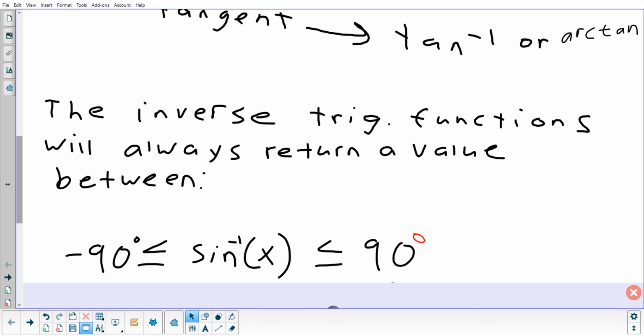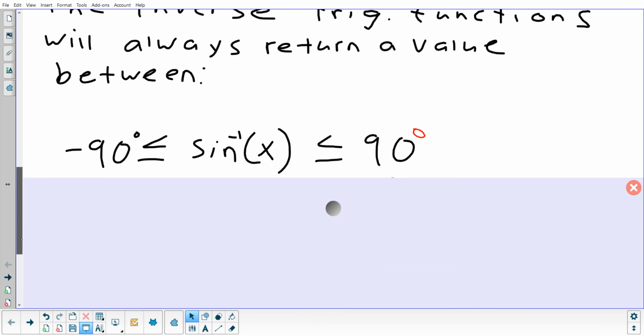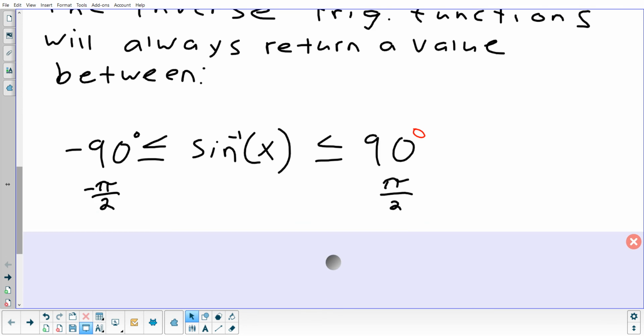You're always going to get an answer that's between -90 and 90 when you do inverse sine. If you're doing it in radians, you'd get an answer between -pi/2 and pi/2. Remember, any of these problems we're doing in degrees, we can do in radians as well.